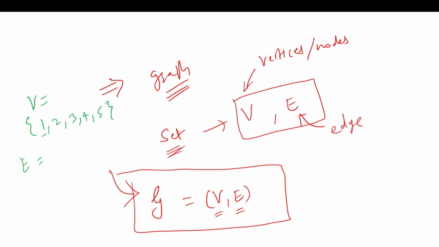Let's suppose our first node is connected with the fourth node. How will I write the pair? Edge is a set, a collection of pairs of vertices.